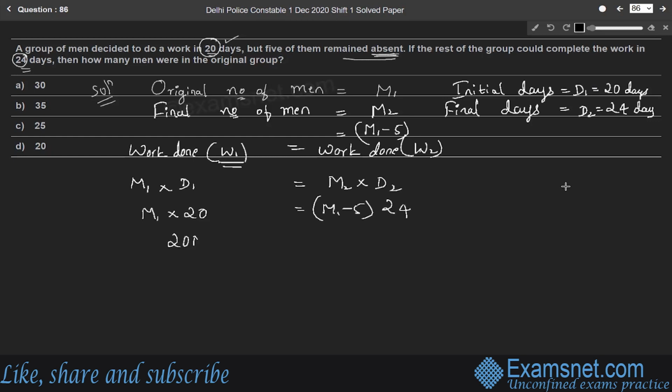So 20 M1 minus 24 M1 is equal to minus 120. So minus 4 M1 is minus 120. Therefore, M1 is 30. What is asked in the question? How many men were in the original group? So there were 30 men. Therefore, option A.